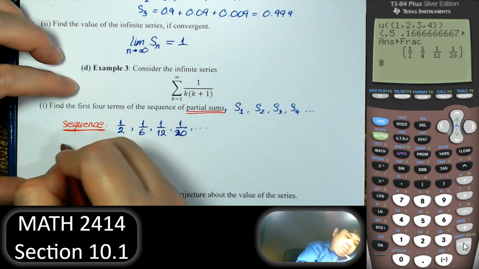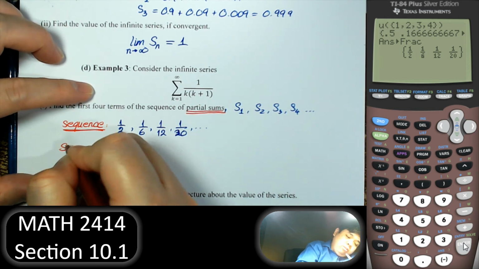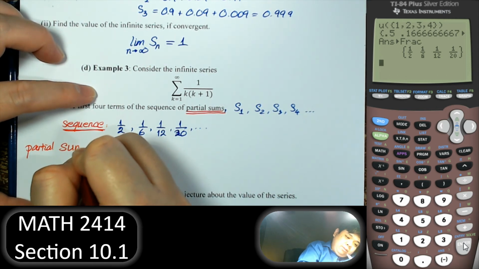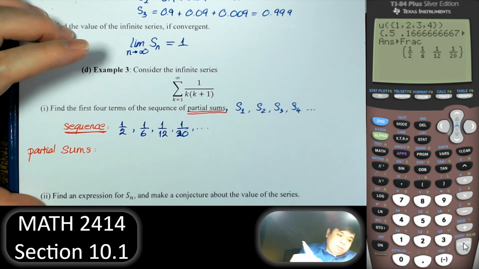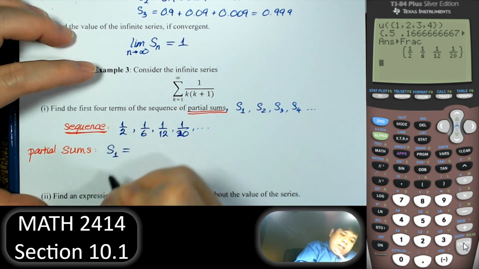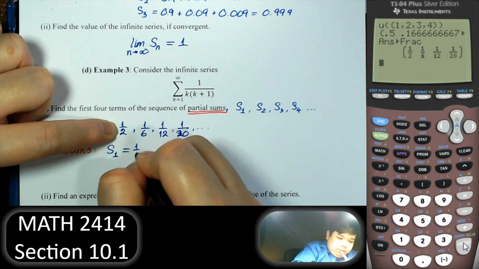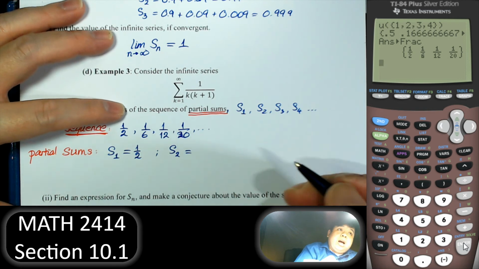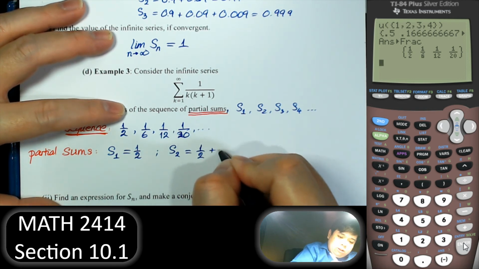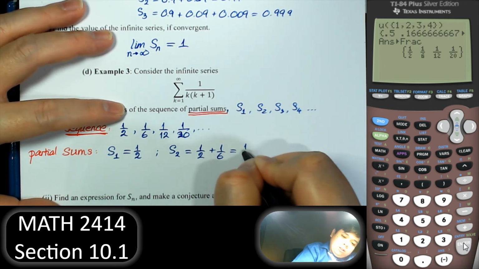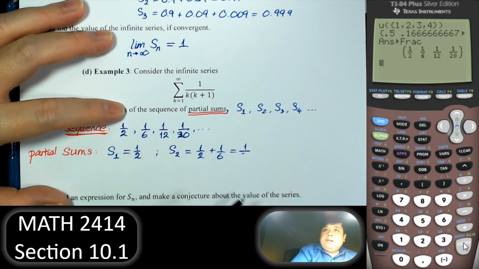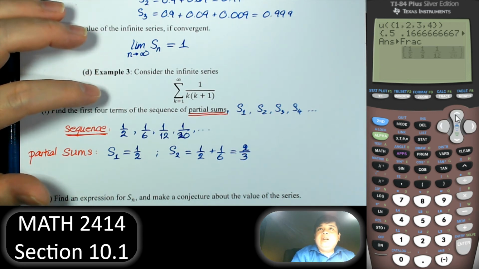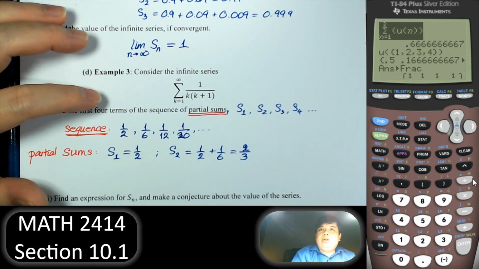Now into a sum, or the partial sum. S1 is just the first term. S2, the sum of the first two terms, that's 2/3.